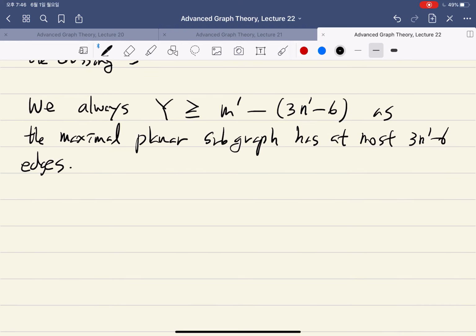Where were we? Sorry. So a maximal planar graph has at most this many edges. So this is what we get.